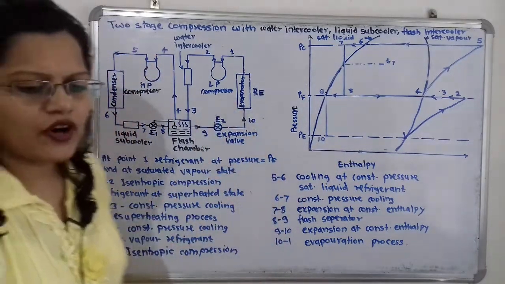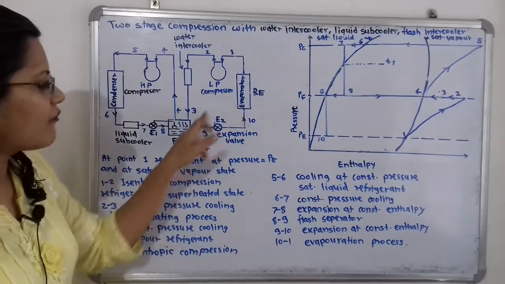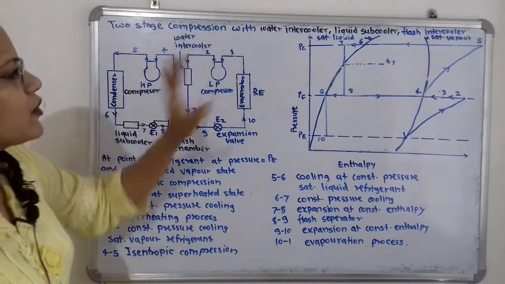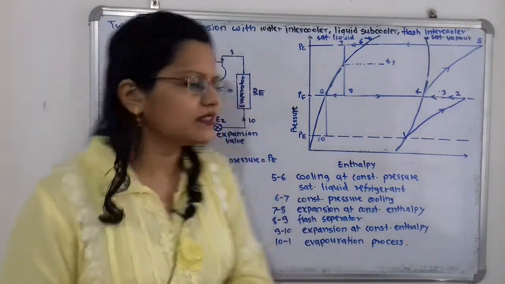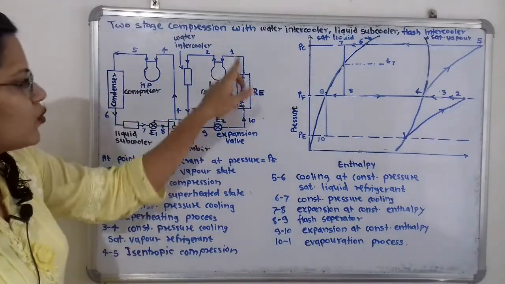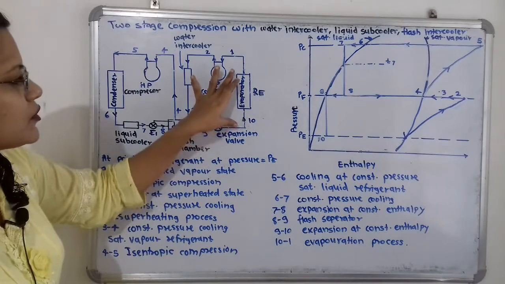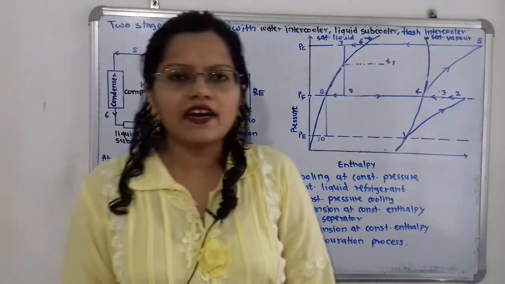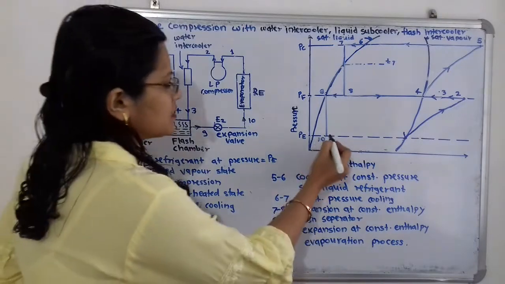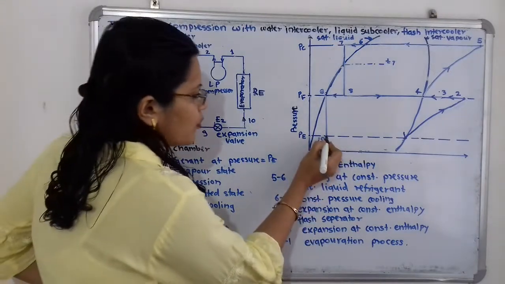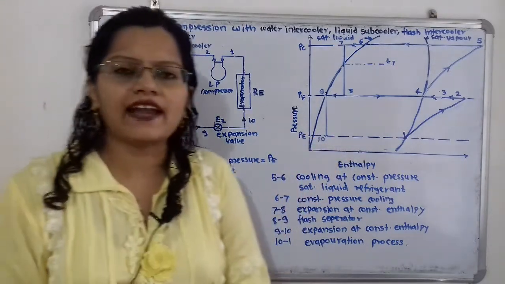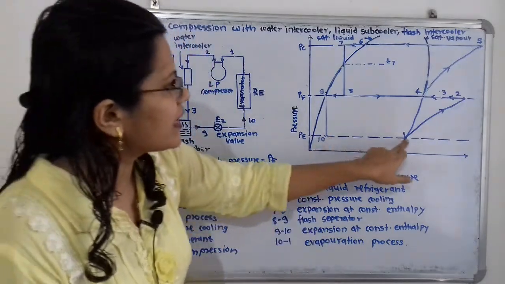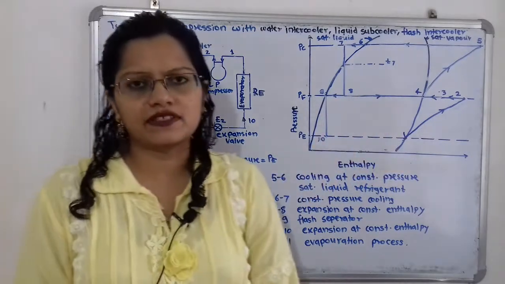Now we will move to the next process. After this expansion in expansion valve E2, the evaporation process is taking place from point 10 to 1. This evaporation process is taking place at constant pressure, and here the phase change process is taking place. That means at point 10 the refrigerant is in liquid plus vapor form and it is getting converted into the saturated vapor state.